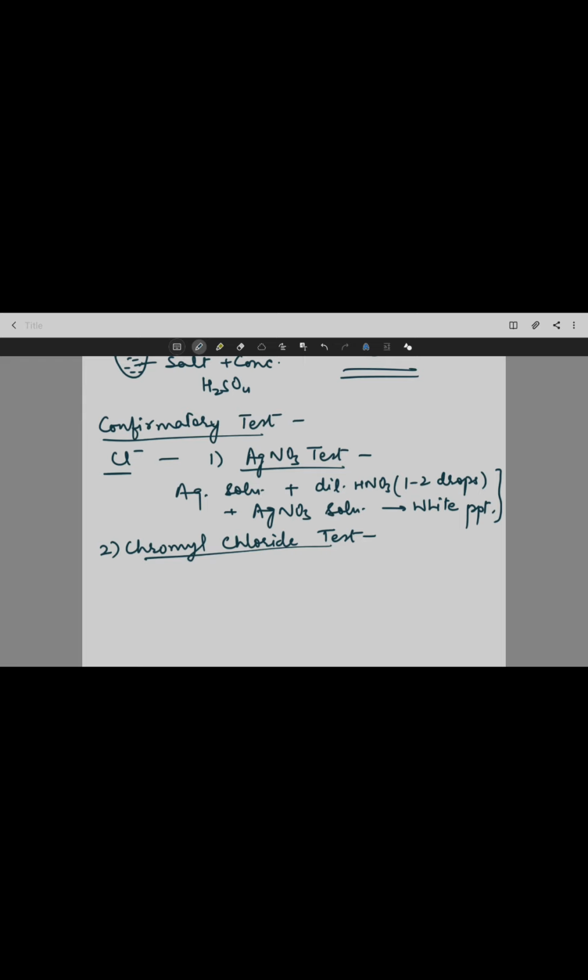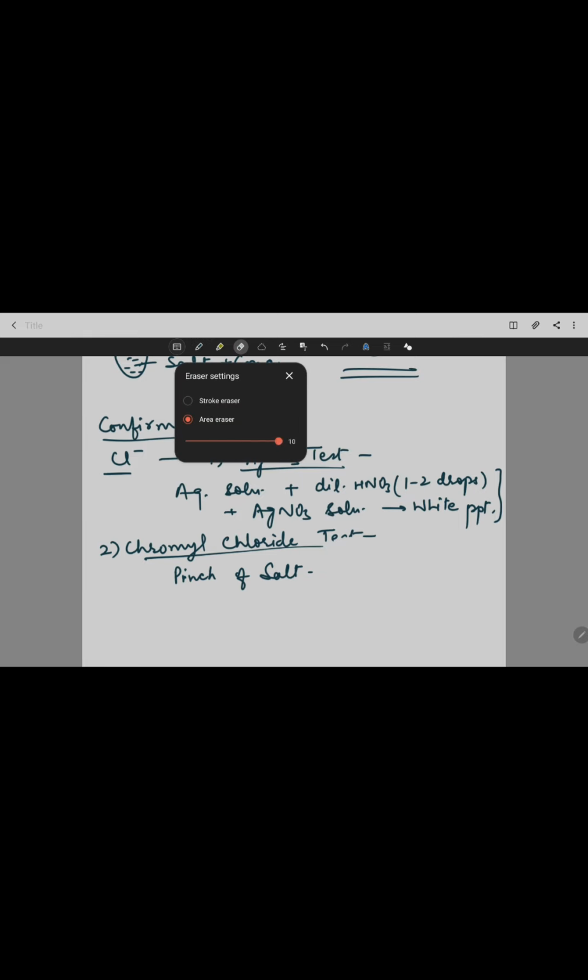What is that other test? That is the chromyl chloride test. How is it performed? We take a pinch of salt, then add K2Cr2O7 solid.